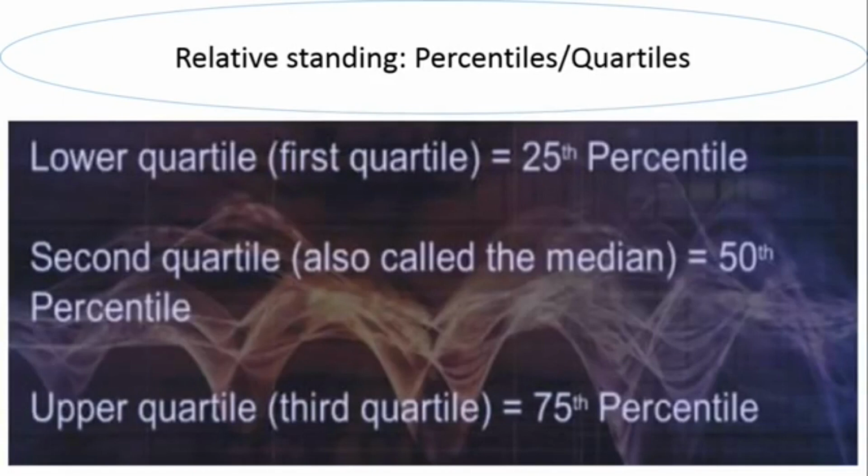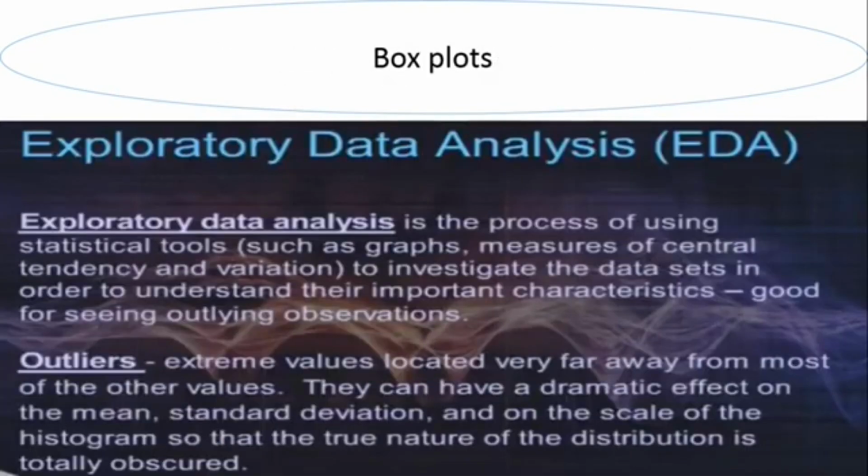Quartiles are percentiles too. The lower quartile, or first quartile, is the 25th percentile. The second quartile, also called the median, is the 50th percentile. The upper quartile, or third quartile, is the 75th percentile in the sample. That's the different representations of relative standing in descriptive statistics.